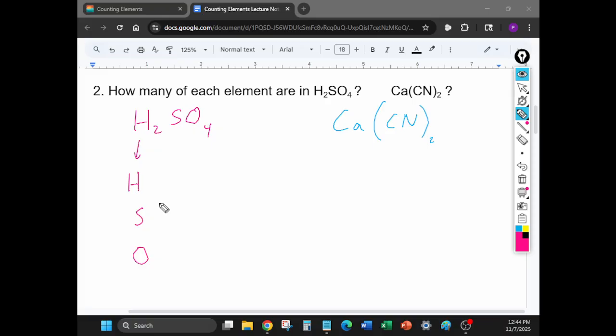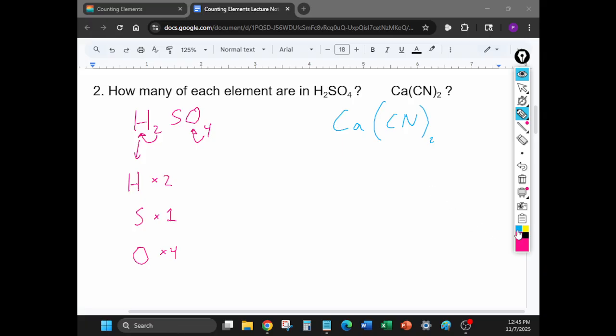All right, now for how many there are, we're going to look at the number behind the element. So H has a 2 behind it. That means there are 2 H's inside of this molecule. Okay, S has no number behind it, which means there's 1 S. And then for O, there's a 4 behind it, which means there are 4 oxygens. Okay, so that's how we count the elements inside of the molecule.